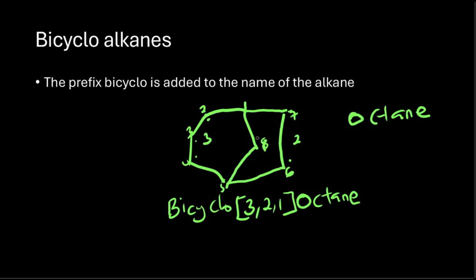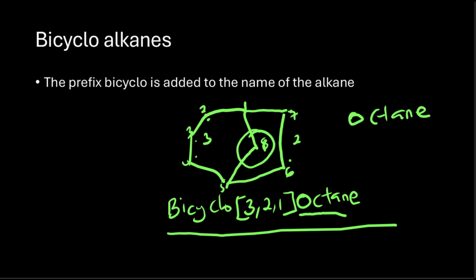We look at the number of carbon atoms on the main bridge, and so in this case we only have 1 carbon atom on the bridge. And so in writing the full name of our bicycloalkane, we arrange the numbers in the descending order and then add the name of our alkane to the main structure name.